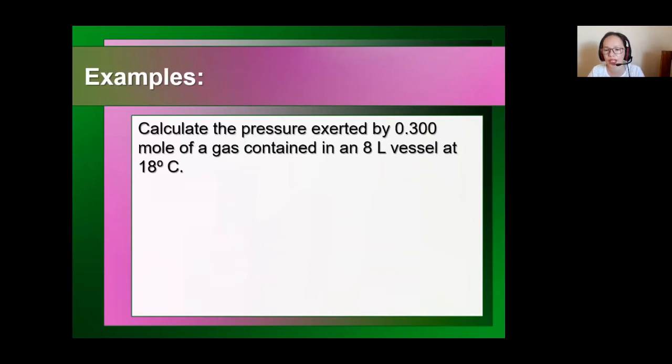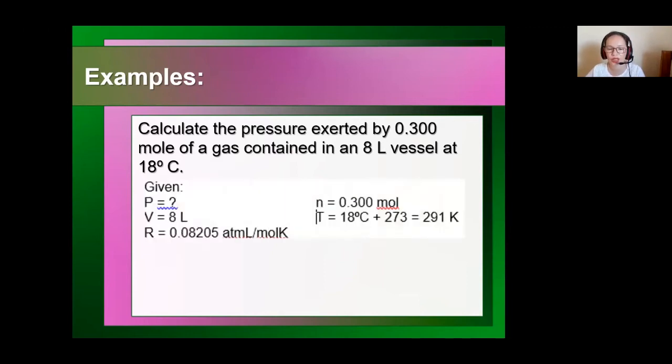So here, calculate the pressure exerted by 3.000 mole of gas contained in an 8-liter vessel at 18 degrees Celsius. So this time, you have to make sure that all the units conform with the standard: Kelvin, mole, liter, and atmosphere. So here, 18 degrees Celsius will be converted to Kelvin. The question here is, calculate the pressure.